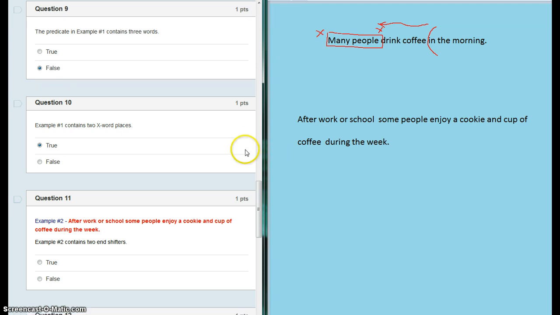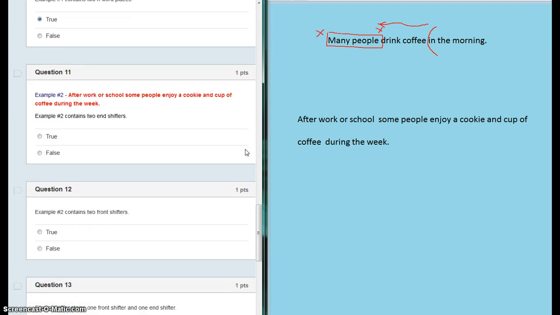Number 11. Excuse me. After work or school, some people enjoy a cookie and a cup of coffee during the week. Okay, so before we answer any questions, let's do our analysis. After work or school is a shifter, because I could say some people enjoy a cookie and a cup of coffee during the week after school or work, after work or school, okay.